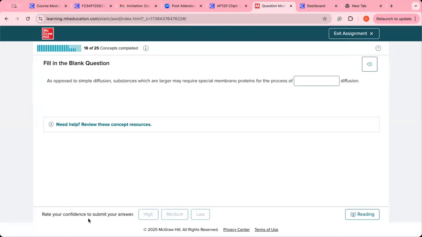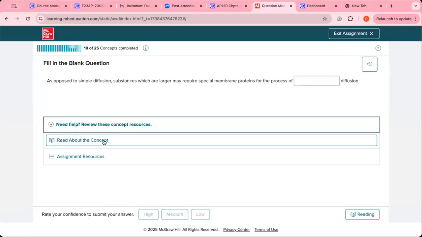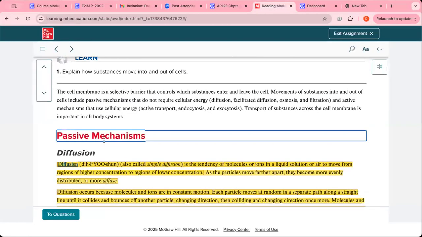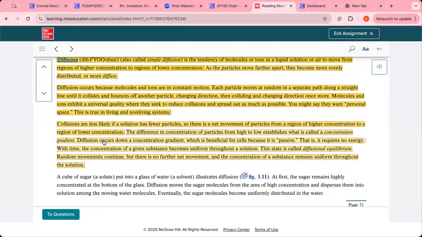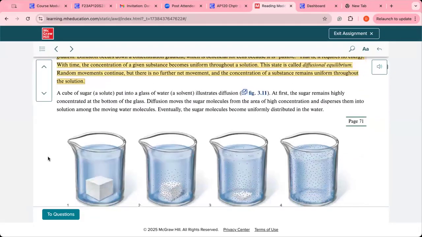As opposed to simple diffusion, substances which are larger may require special membrane proteins for the process of blank diffusion. Okay, we haven't gotten to this yet, but this is the more active one. So now we've talked about the passive one, but keep going.